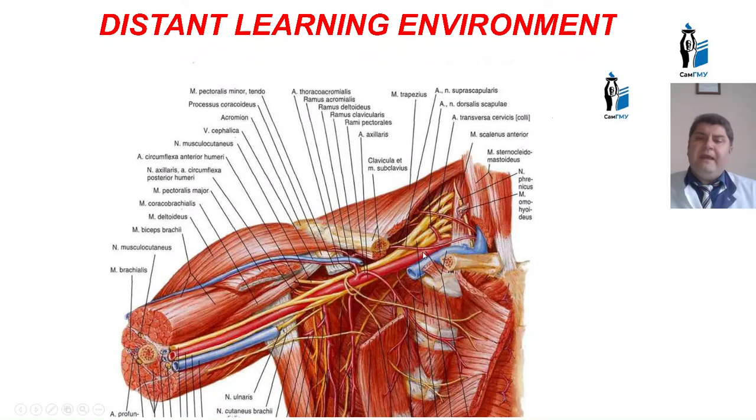You may see the part of the subclavian artery, the brachial plexus, its nerves, and next we will see the axillary artery which passes into the shoulder as the brachial artery.